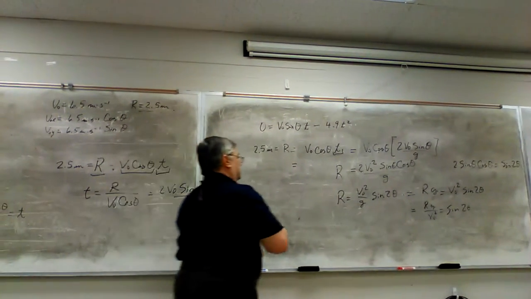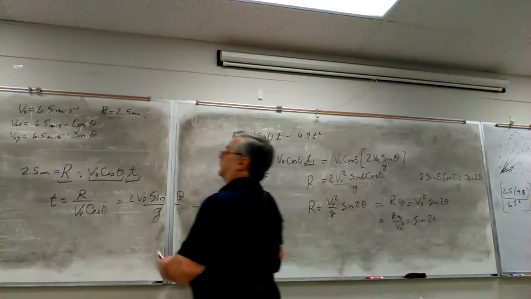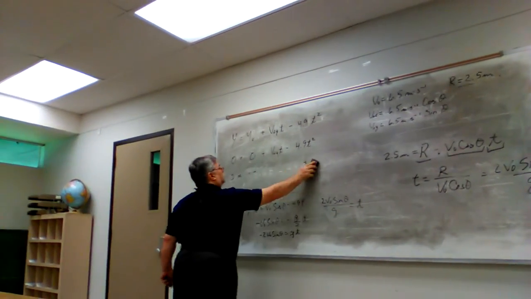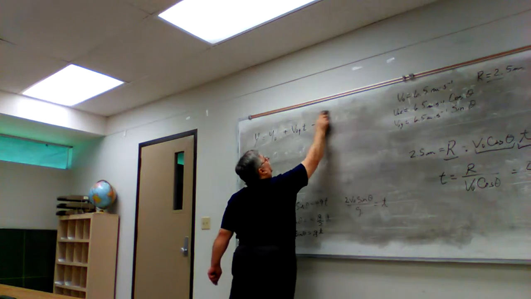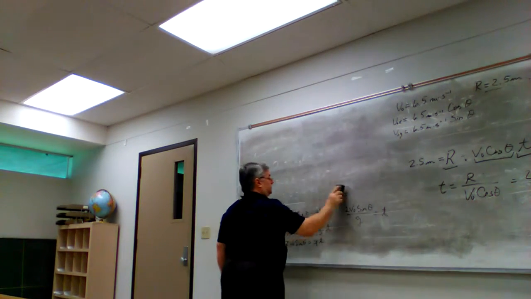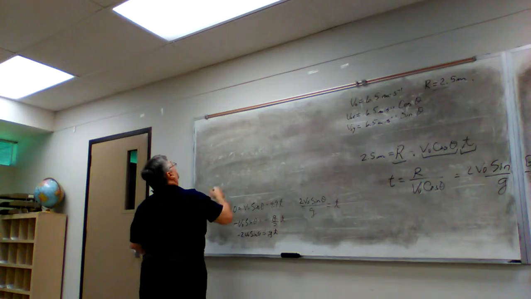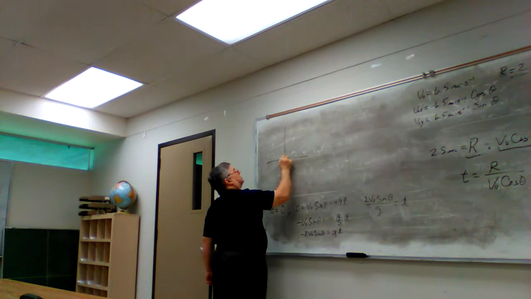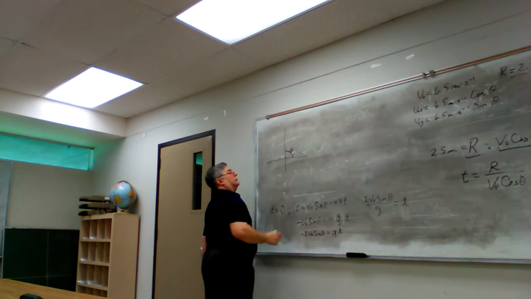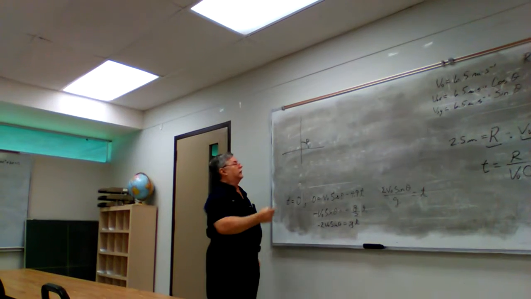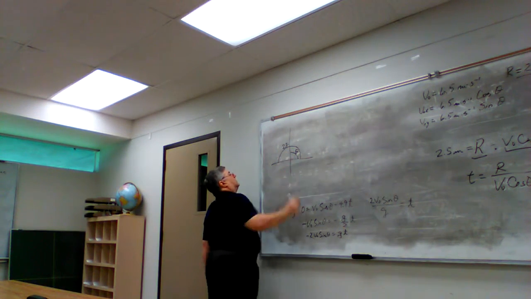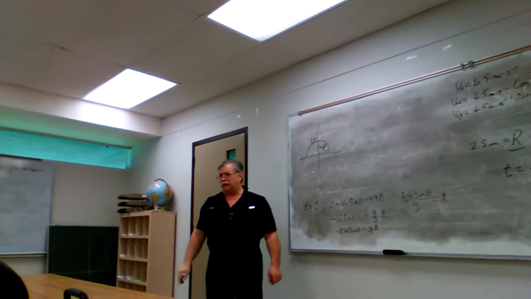Let me clear out some space here. Theta is going to be from 0 to 90. But that means 2 theta is going to be from 0 to 180.